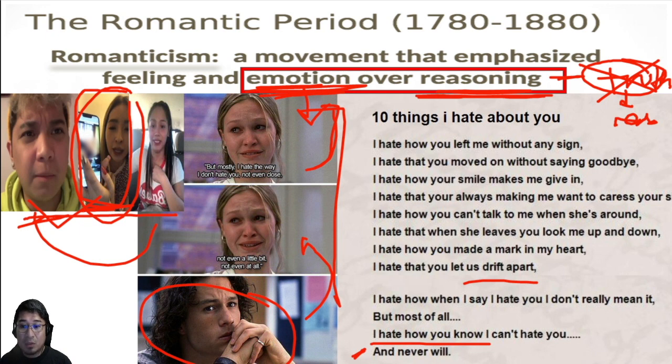You'd rather give into your emotions kahit na alam mong mali, kasi ito yung sinasabi ng emotions mo rather than discover the correctness or truthfulness of reasoning. That's romanticism. Kasi ang binibigay sa atin ng reasoning is the truth. Kahit na alam mong mali, basta natutuwa yung emotions mo, you'd rather give in there.